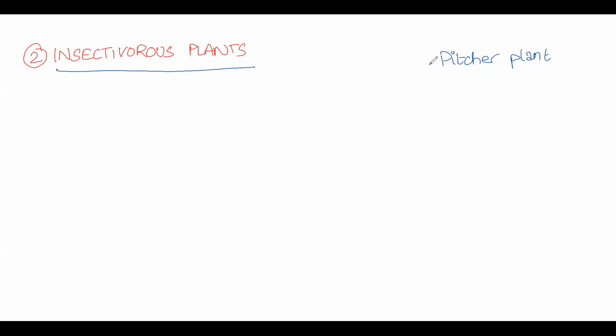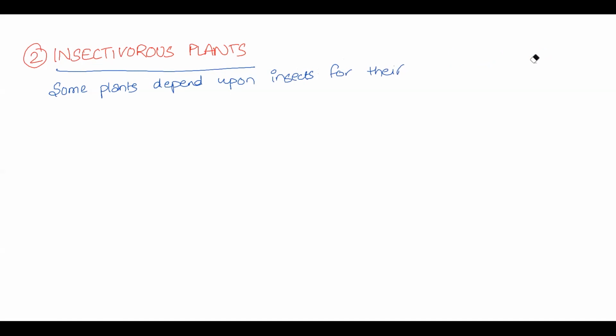Okay, so what an insectivorous plant is, there are some plants which depend upon insects for their food, and thus are called insectivorous plants.